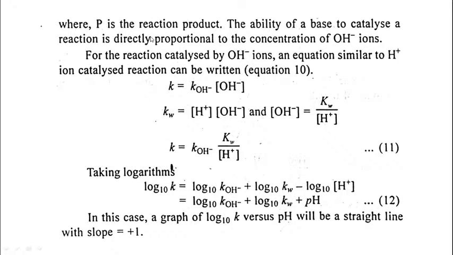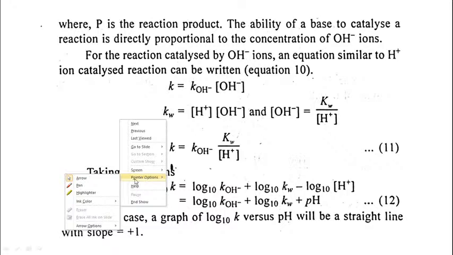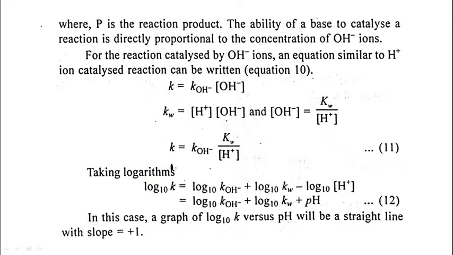It is not necessary to derive all the equations here. So for base catalyzed reaction we can write the constant K equal to K OH minus ion into the concentration of the hydroxyl ions. Now we know that Kw is called the ionic product of water, and this becomes equal to the concentration of the hydrogen ion into the concentration of the OH minus ion.